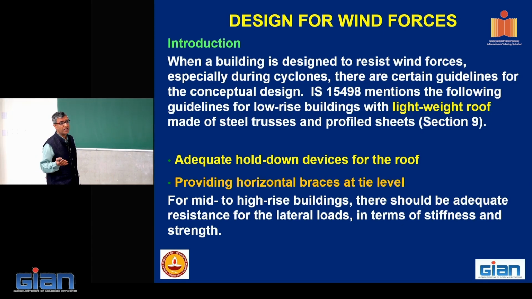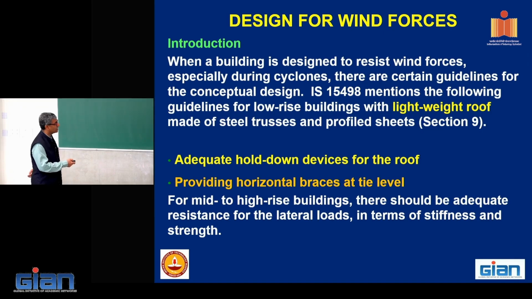You go to a place like Vizag and a tornado comes, they can be blown off. That's why there are provisions, there are specifications, I would say, for adequate hold-down devices and providing horizontal braces at the tie level. I'm just raising these issues. Later on, if you are working, then you should read this code and get familiar with the specifications.